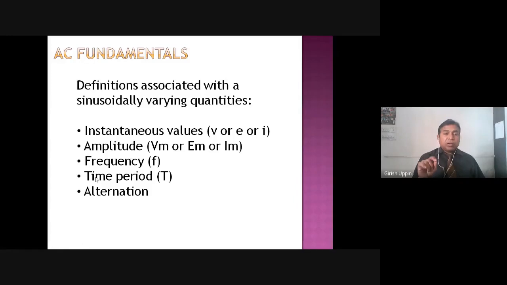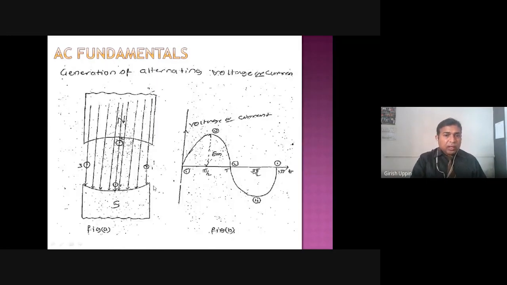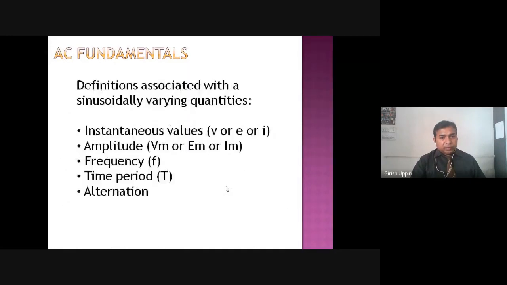Time period is the time taken by the alternating quantity to complete one cycle. So this time from here to here is on the time scale. On this time scale, the total time taken by the alternating quantity to complete one cycle is called the time period, and it is represented in seconds.